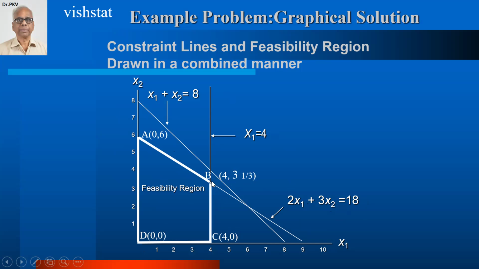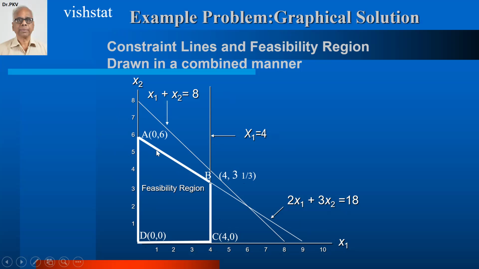So A vertex is 0, 6. B vertex is 4, 3 and 1/3. C vertex is 4, 0 and D is 0, 0.